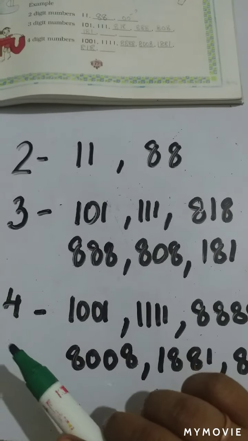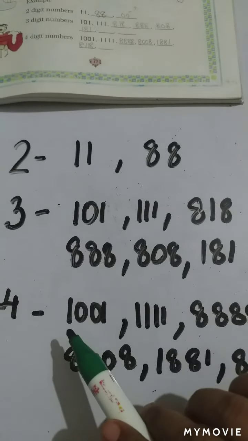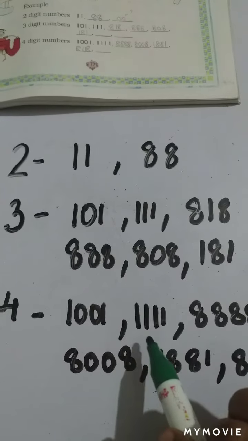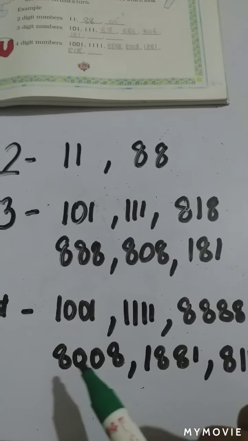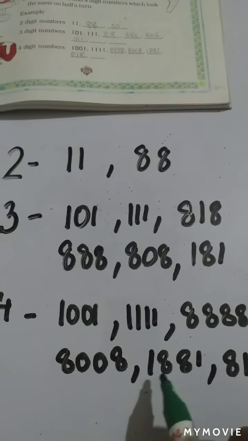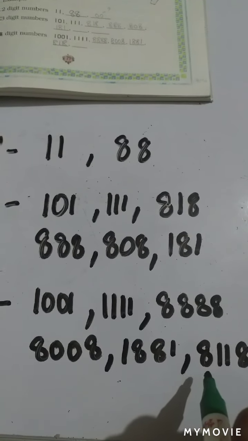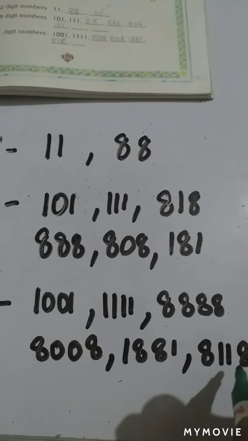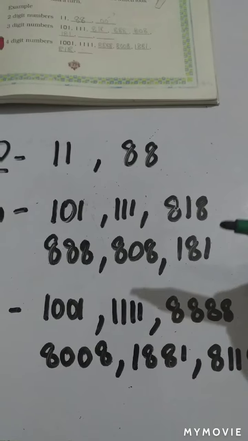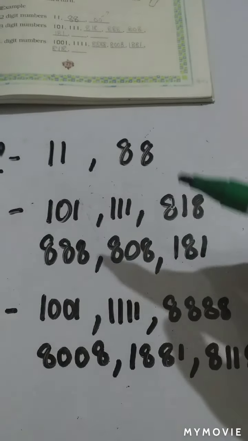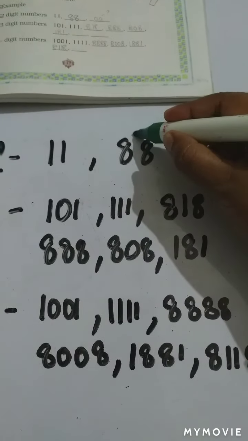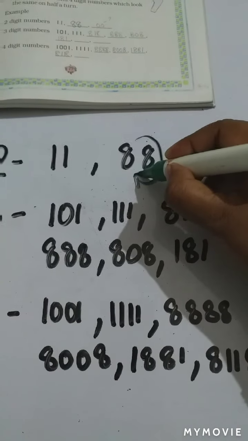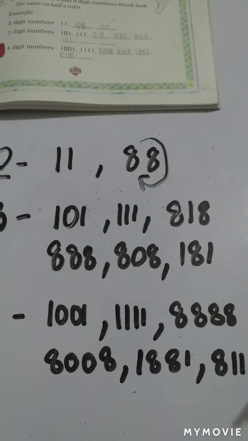And 4-digit numbers which look the same when reversed are 1001, 1111, 8888, 8008, 1881 and 8118. These will all look the same when you turn it upside down. When you turn it from here to here, that is half a turn, they all look the same.